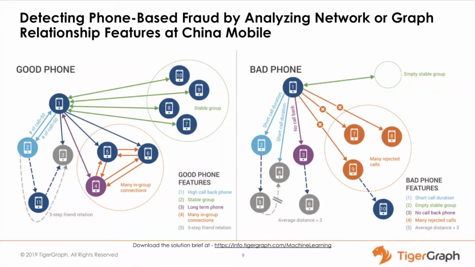What did we feed into the machine learning system? We fed into it graph patterns. So we have some graph patterns exhibited here, such as finding a little community, the many in-group connections, finding a three-step friend relationship. That's another pattern. Finding a stable group, that's another pattern.